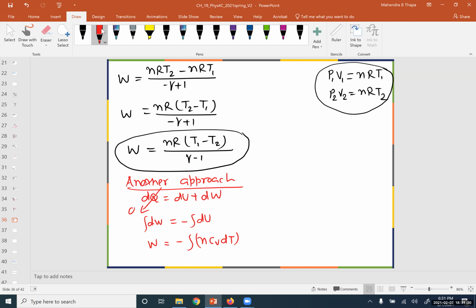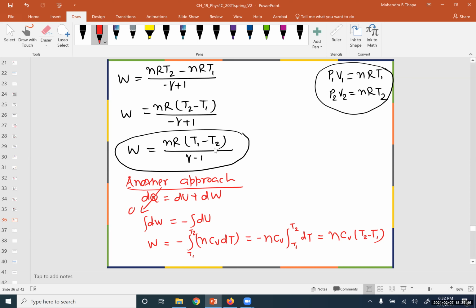Here you have dT, so temperature goes from T1 to T2. Minus n Cv is constant, you can take it out, so you are left with the integral of dT from T1 to T2. So it also gives nCv(T1 minus T2). Okay, so both equations are equivalent. Which equation to use depends on what the question is asking, depending on the given things in the question.